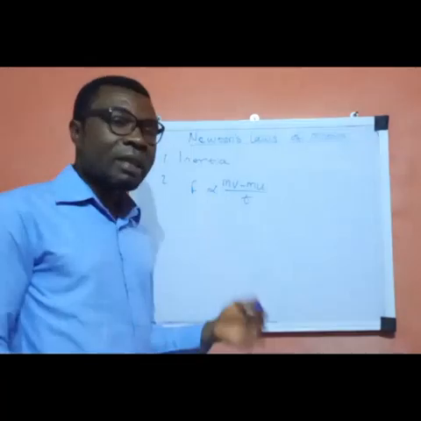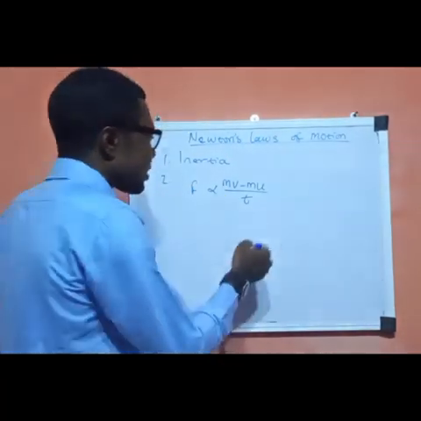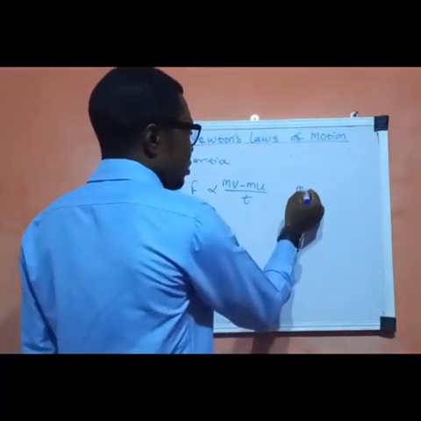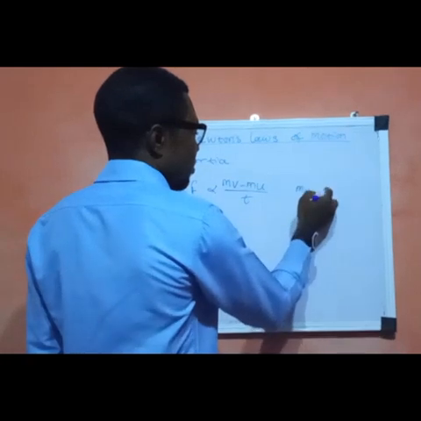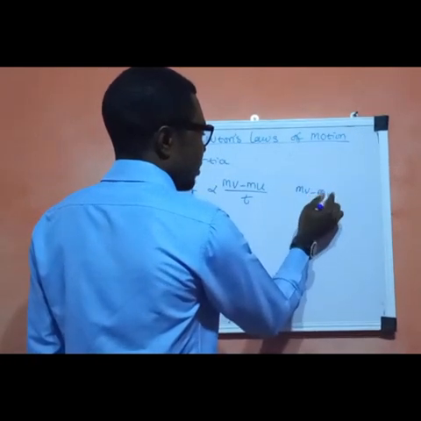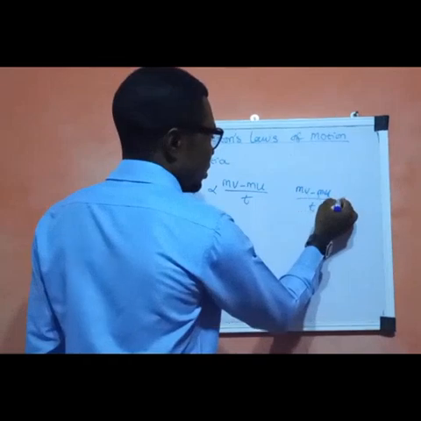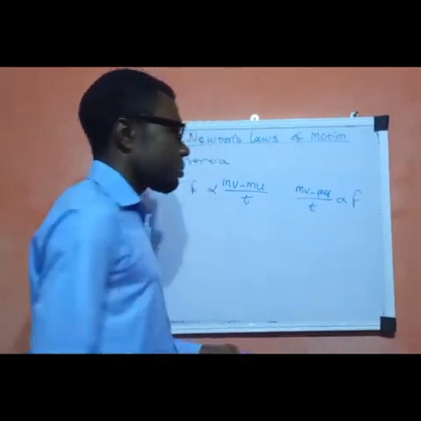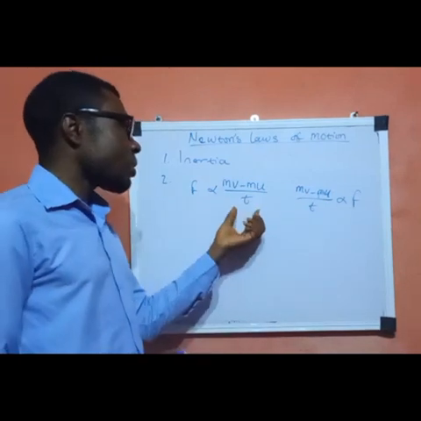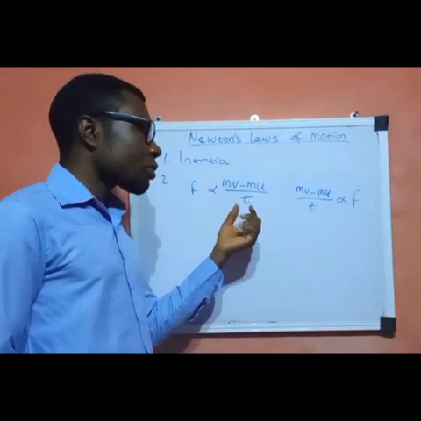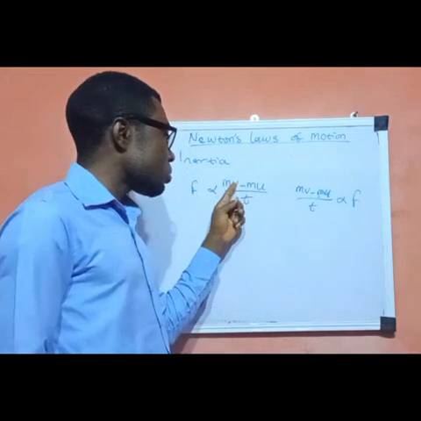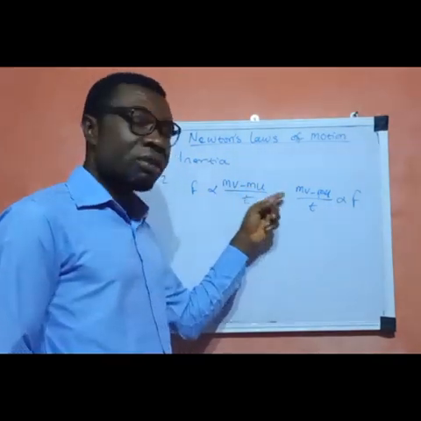Now, from our statement, if the rate of change in momentum is directly proportional to the applied force, this is the way it is going to be written. That is mathematical variation. But the reason why we are writing it like this is because it is force that will cause a body to change its velocity, and then there will be a change in momentum.